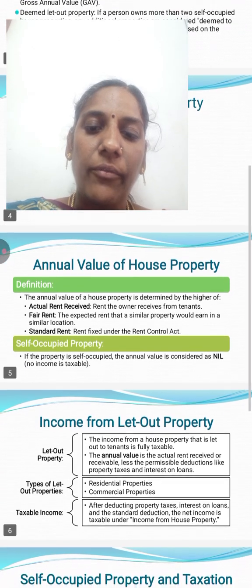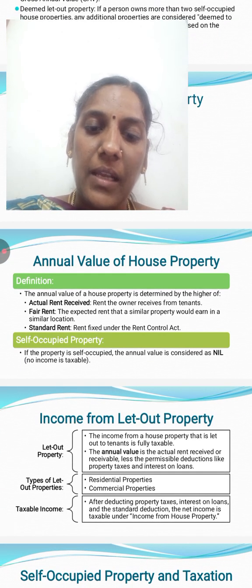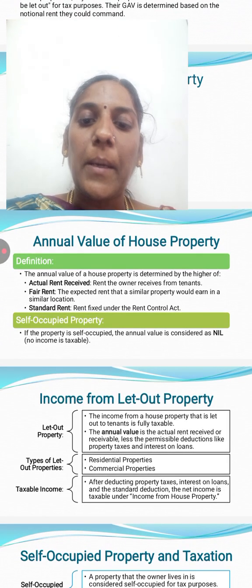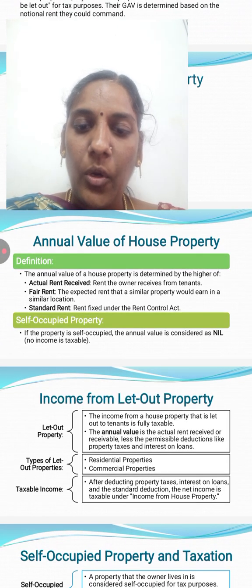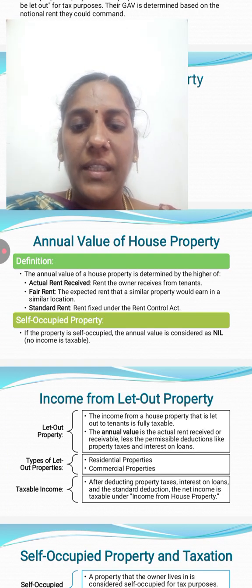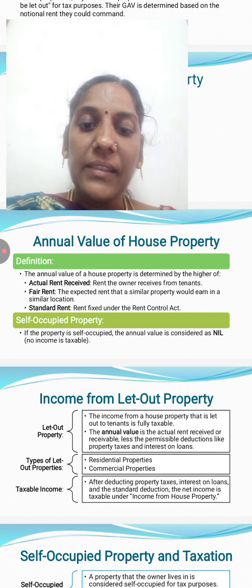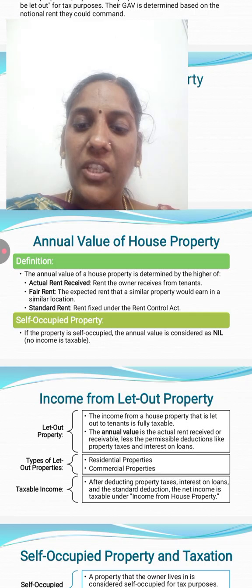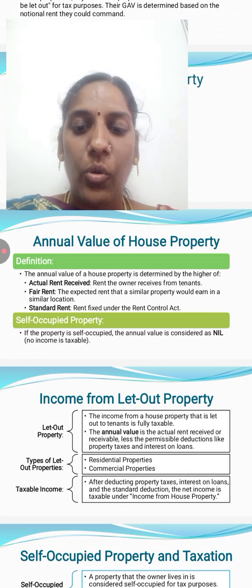In case of income from let out property, we need to calculate the annual value. The income from the house property that is let out to tenants is fully taxable. The annual value is the actual rent received less the permissible deductions like property taxes and interest on loans.